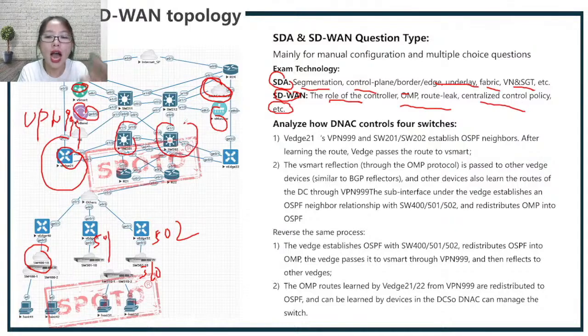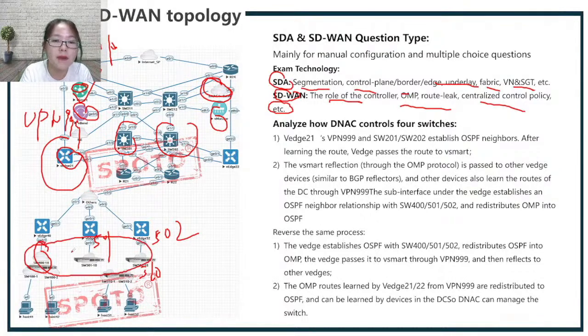After learning the route, the vHubs pass the route to vSmart, and the vSmart will reflect it through the OMP protocol, passing it to other vHub devices, similar to BGP route reflectors, and other devices also learn the route of the DC through VPN 999. So the sub-interface under the vHub establishes an OSPF.